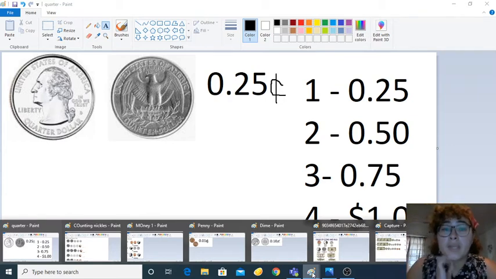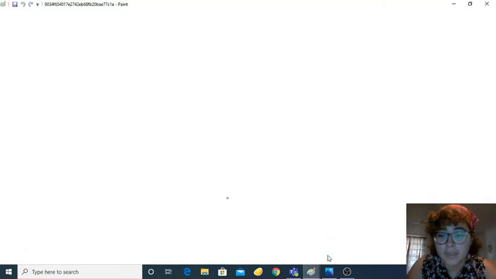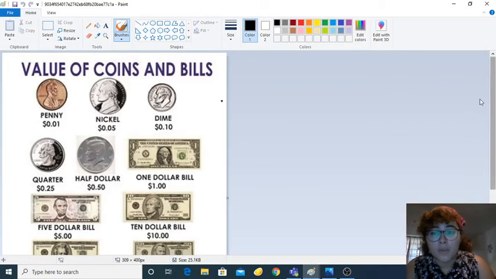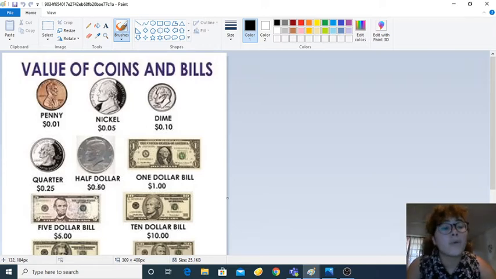So we're going to continue on with looking at our dollar bills before we start putting our money together. So we already looked at the value of our coins. This is the bigger coin I told you guys about, the $1/2, which costs 50 cents, but we're not using that one, so we're going to ignore it for now.